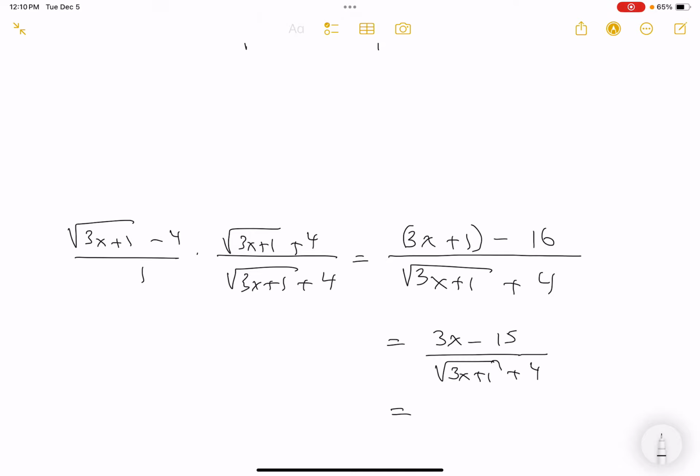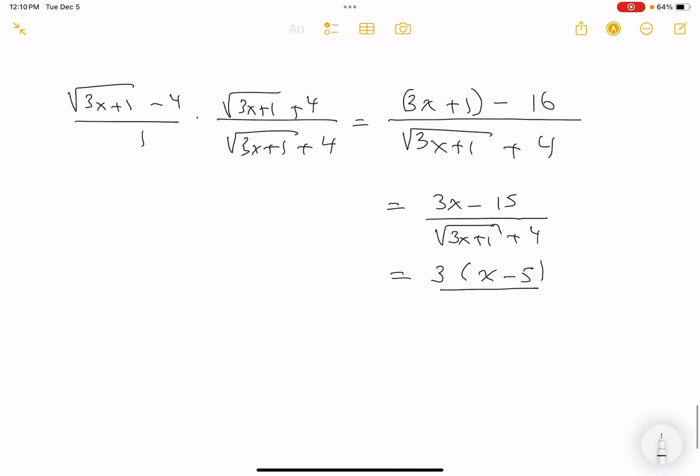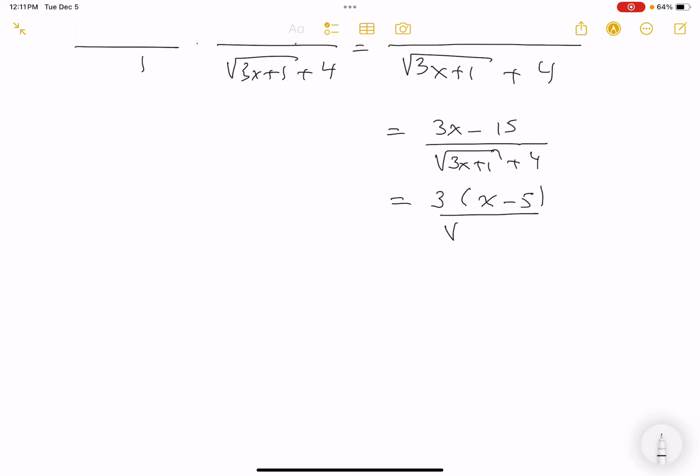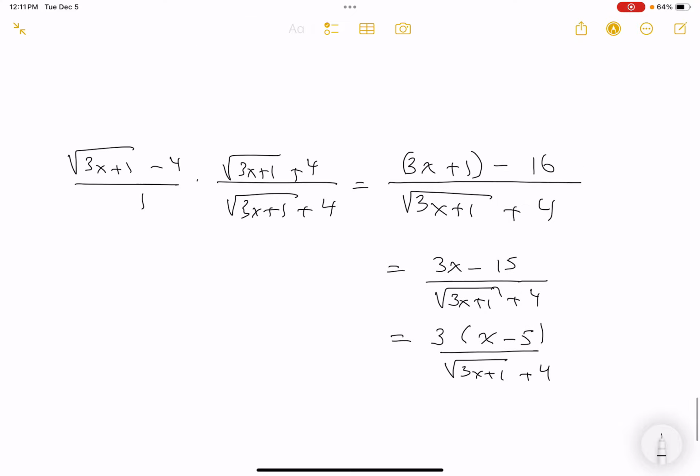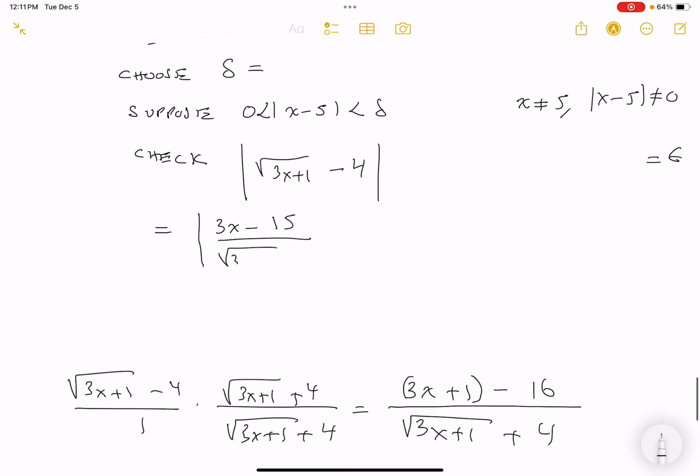And the one thing I do notice is I notice 3 times x minus 5 on top. Now someone says, why do you notice that? I'm seeing that in the supposed part, and that's my delta right there. And the bottom, I'll put this over here. Now what I want to do is go up here and write that down now. And this is equal to 3x minus 15 over the root of 3x plus 1 plus 4.